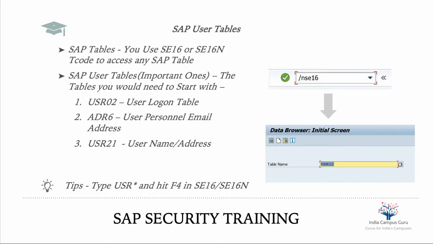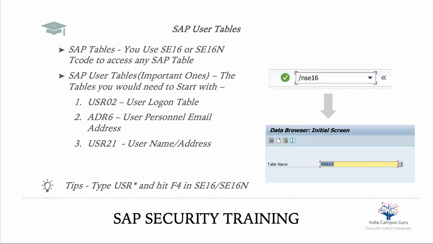Talking about the SAP user tables which you should know for sure, or should know end to end, I think the first table you should know is USR02. For many years, this is the first table I would go to for SAP user data. We'll talk more about what the table contains.